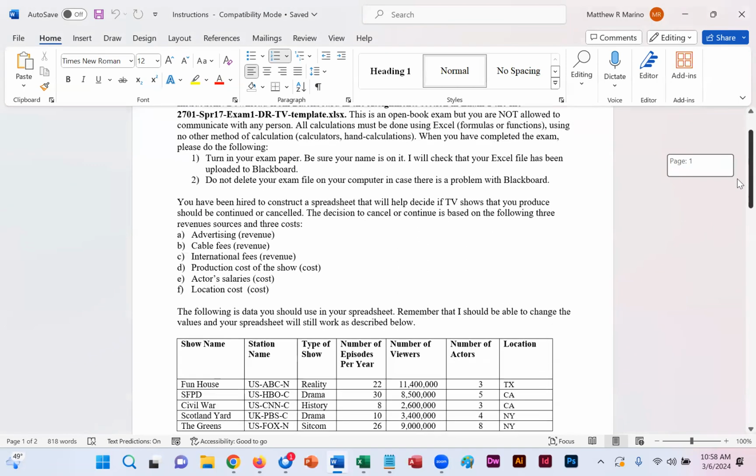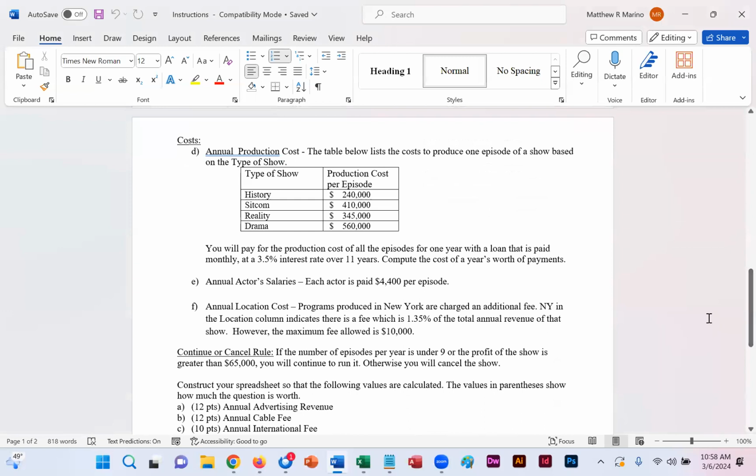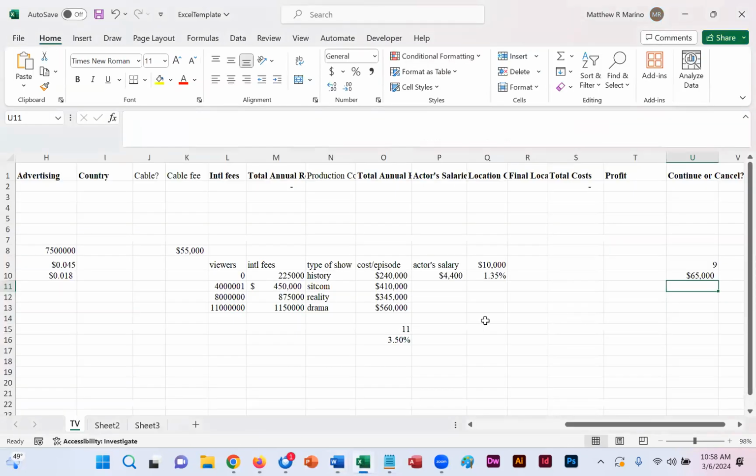For production costs, since we're trying to pay off a loan, do we continue using the IF function?